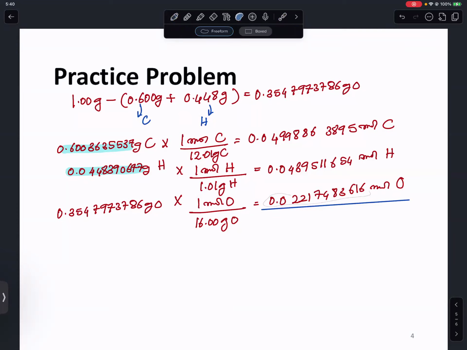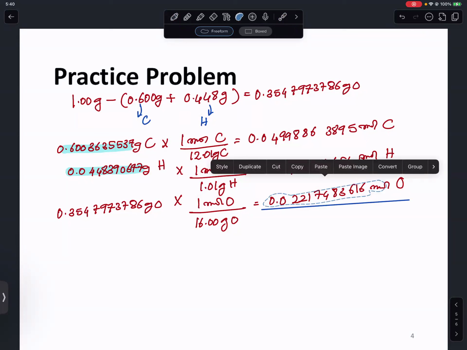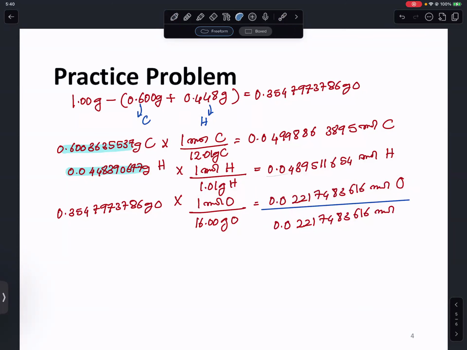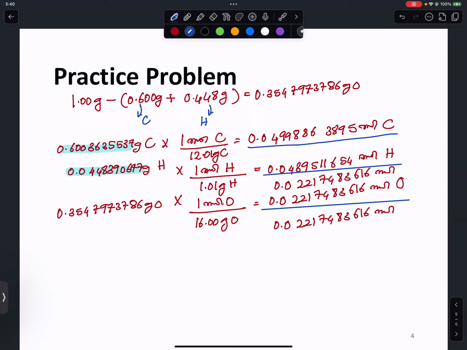I'm just going to copy and paste them to save time. Okay, and then here, divide by the 0.022, and then divide by the 0.022. Now, we will get a ratio.